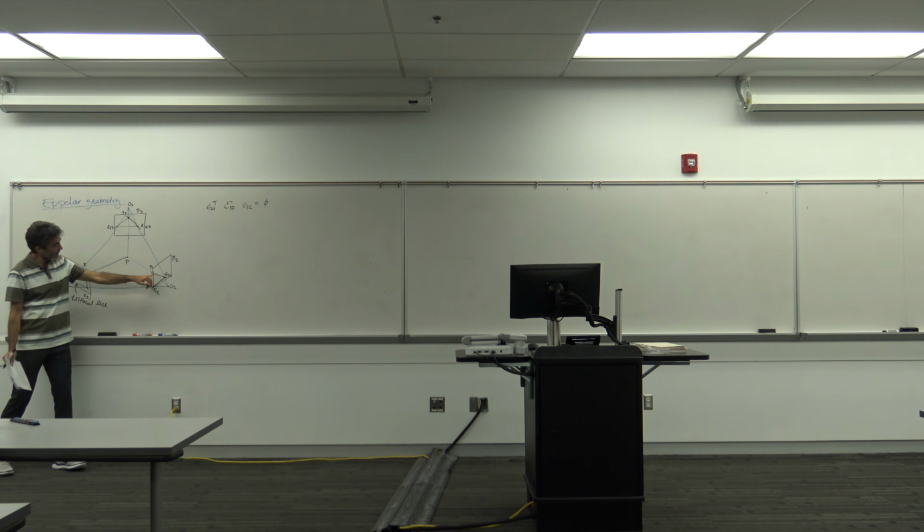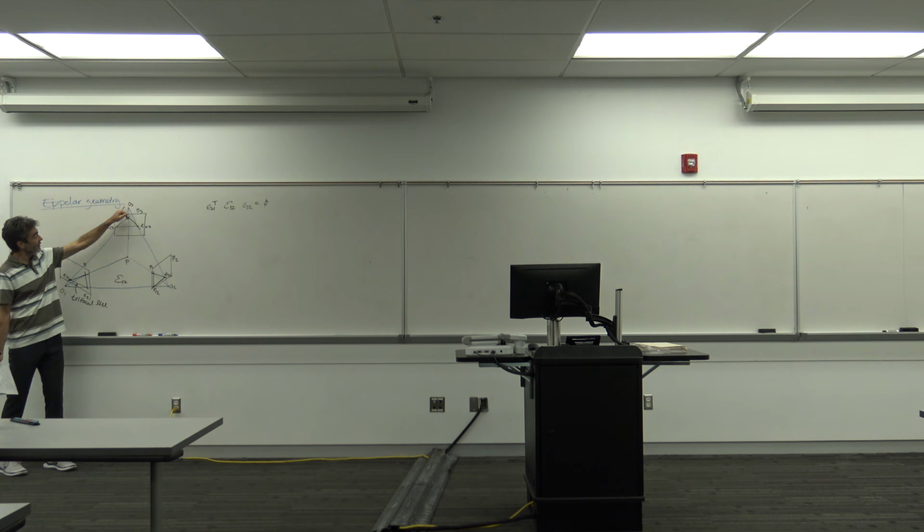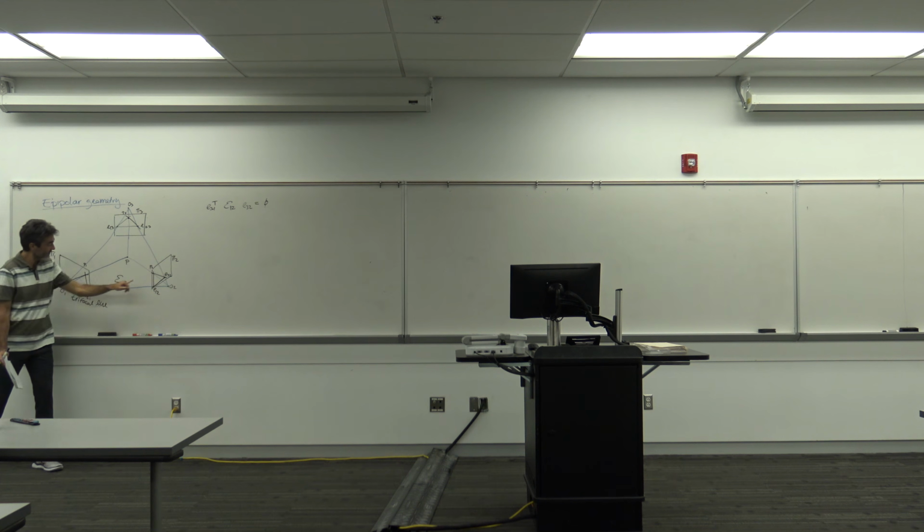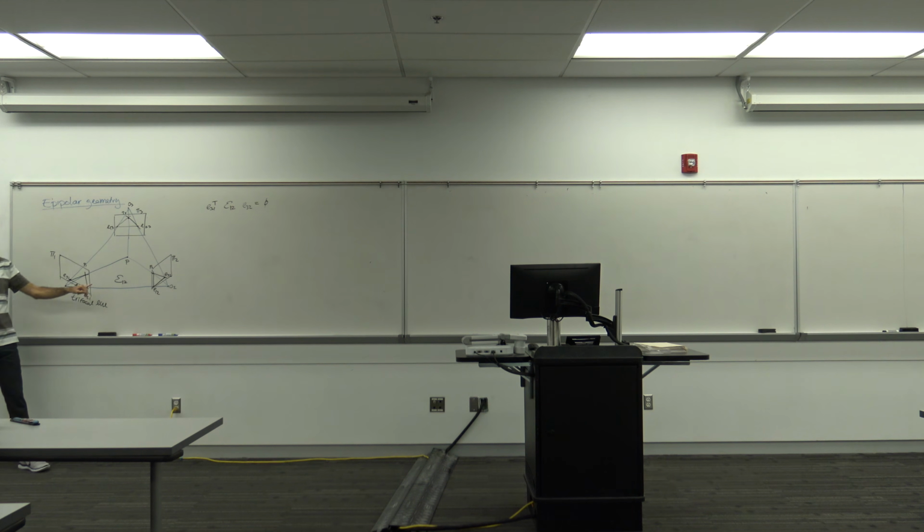Thus, E32 is the image of O3, isn't it? And E31 is the image of O3. So that defines this triangle, right? And therefore, this equation has to be equal to 0.